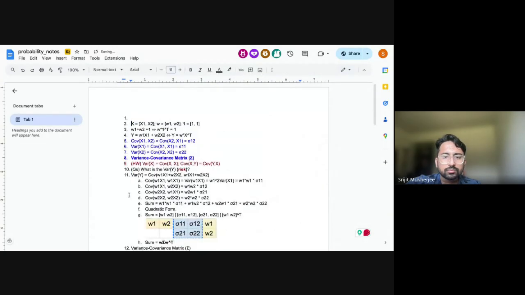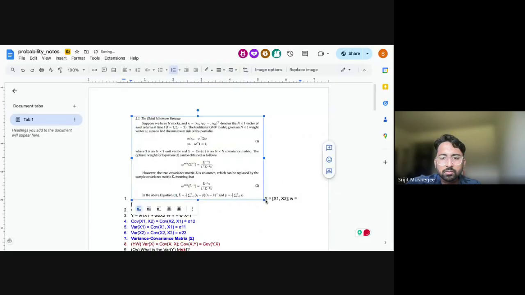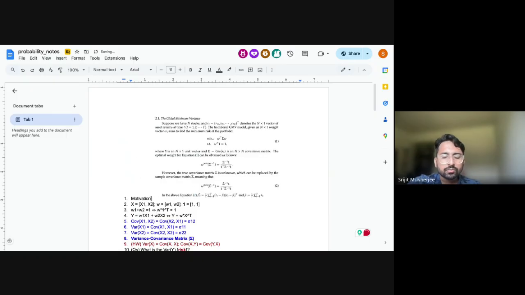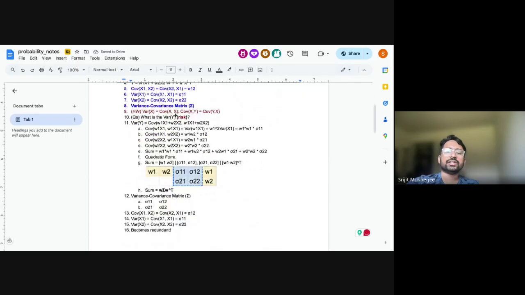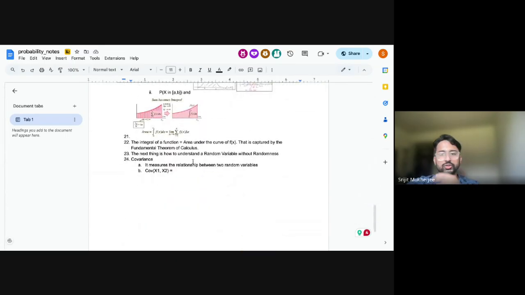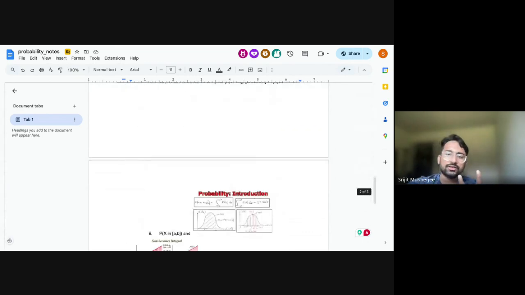You can call it motivation. Okay, so this is a motivation, and we are explaining it from top to bottom. We are taking a problem, we understood it, and now we are understanding the depth.